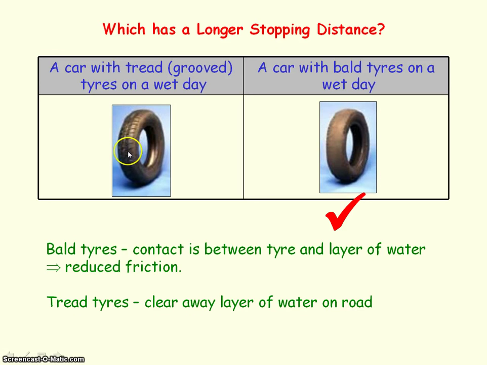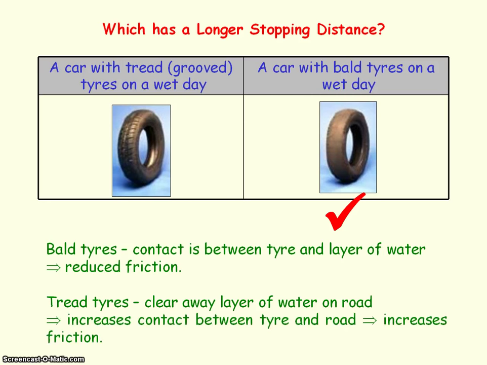Tread tyres, which have these grooves, clear away the layer of water on the road, and so you have better contact between the tyre and road to increase the friction, the braking force that acts on the car.